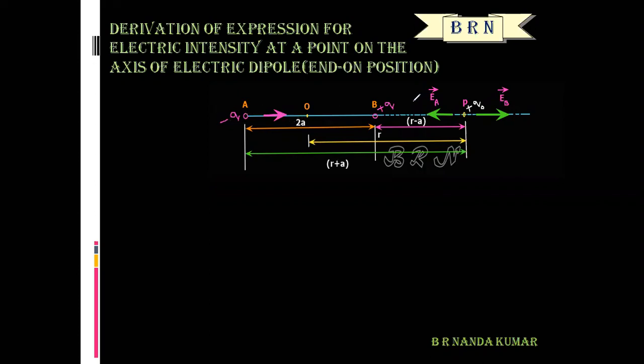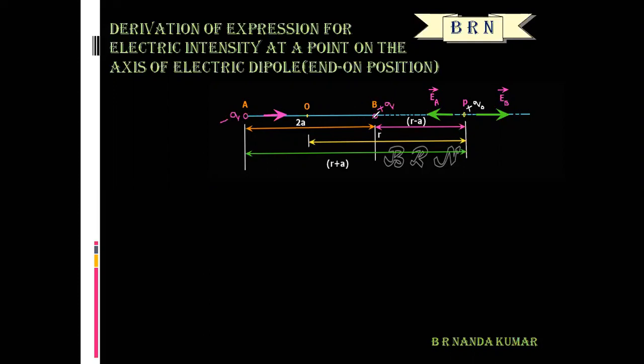The line joining the two charges is called the dipole axis. It is directed from negative charge to positive charge.